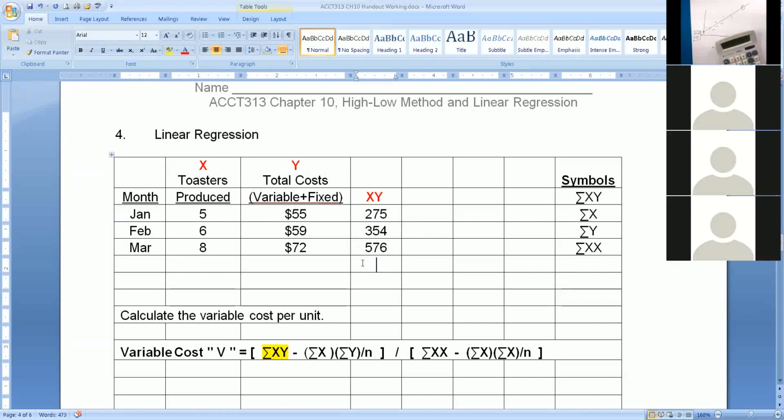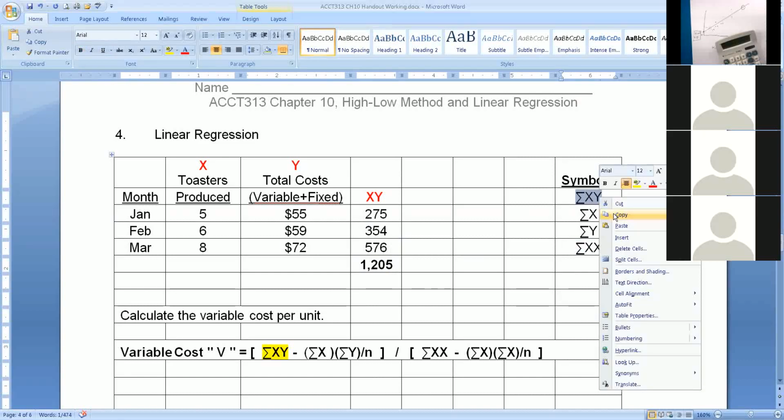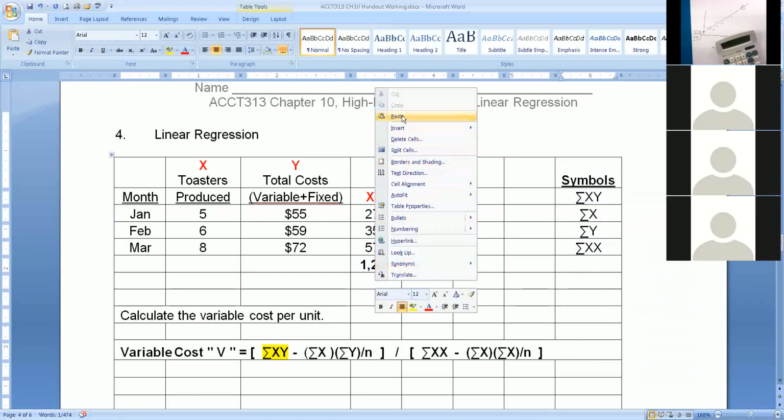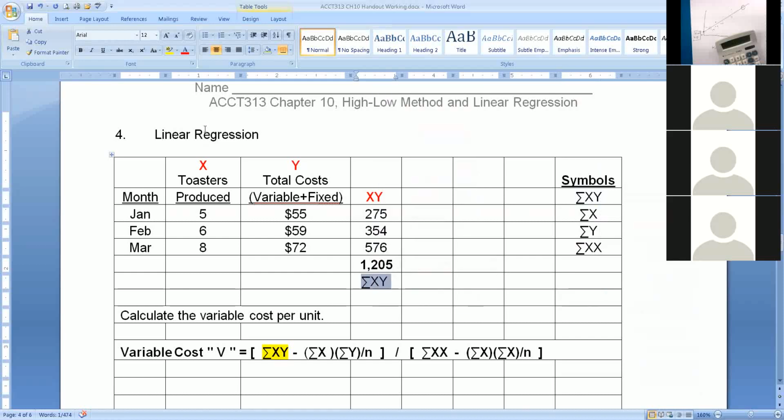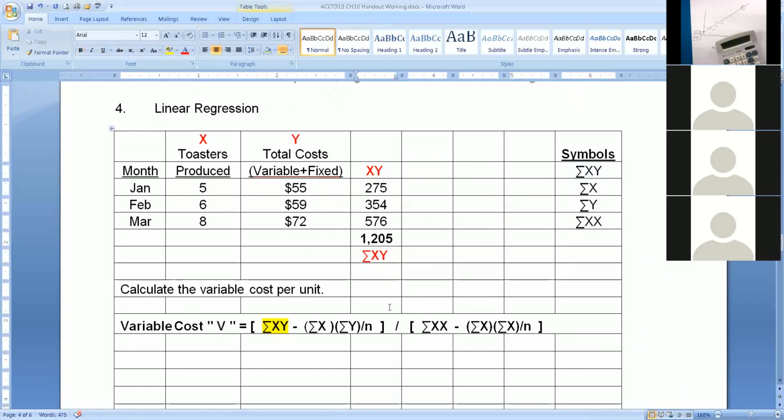We get... so that is our, I'm going over here, I'm going to copy this. You don't have to do this, by the way. So that is going to be our x times y.